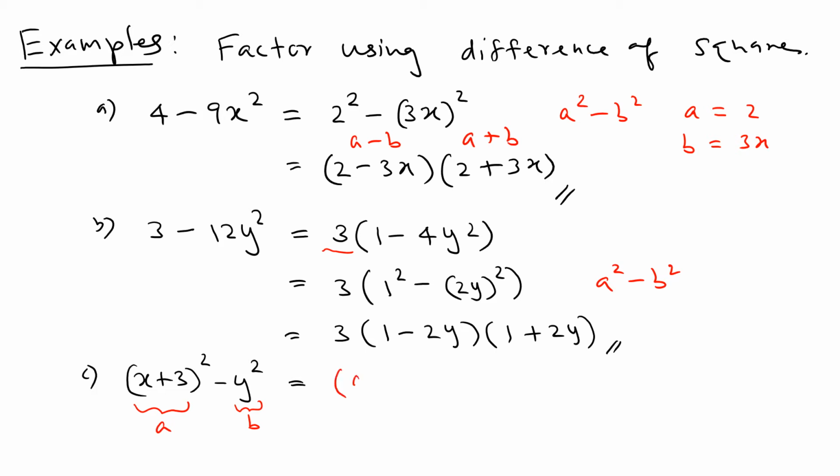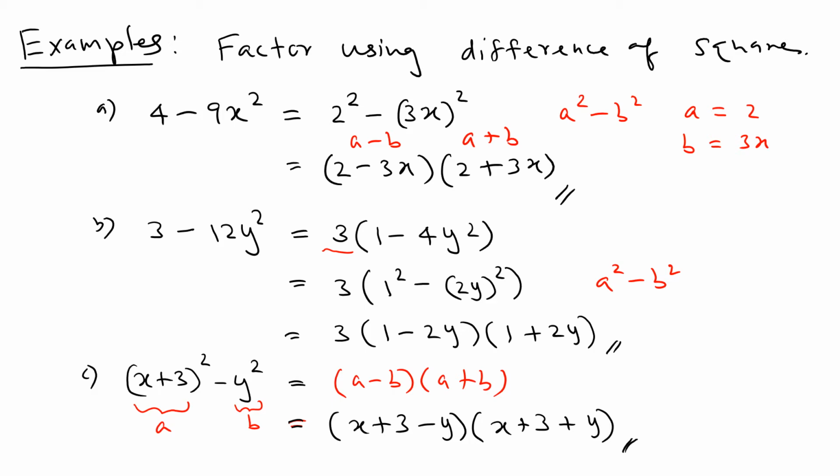So this is just a − b and a + b, and we just need to plug in here. a means x + 3, so it's x + 3 − y, that's the first term. The second term is x + 3 + y. So that's a very straightforward situation. Good. So let's do one more example.